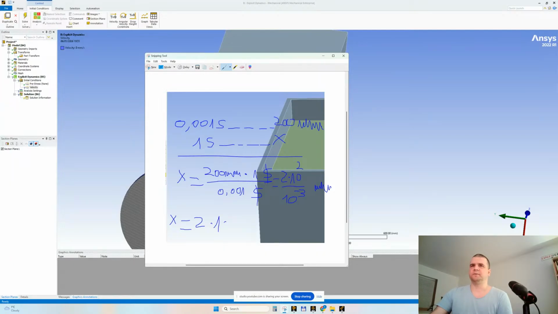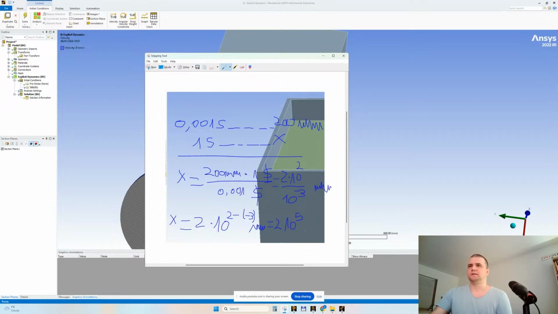This means it will be 10 at the power of 2 minus 3. All right? Millimeter. This means it will be 2 multiplied with 10 at the power 5, yes? Because 2 minus minus becomes plus, 2 plus 3 equals 5.